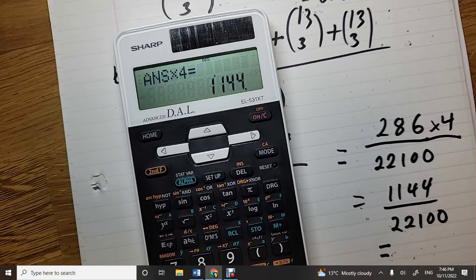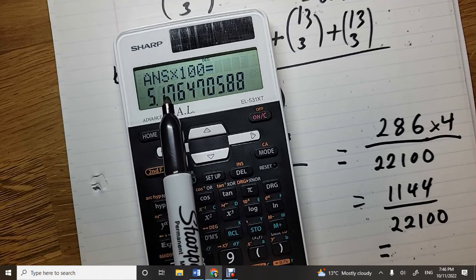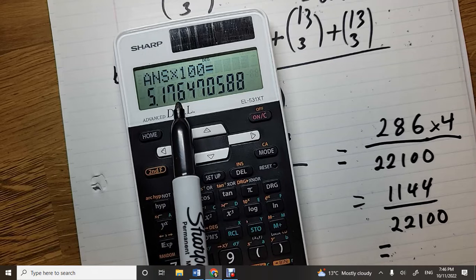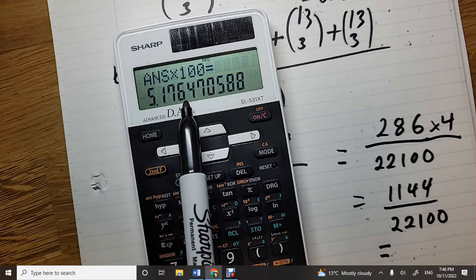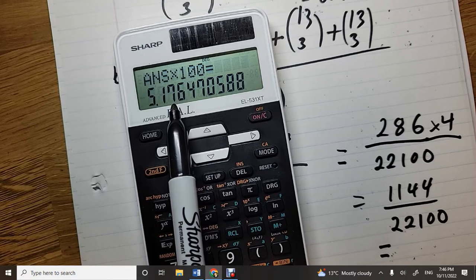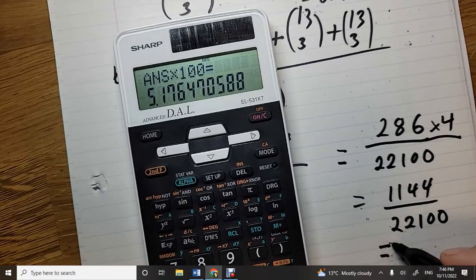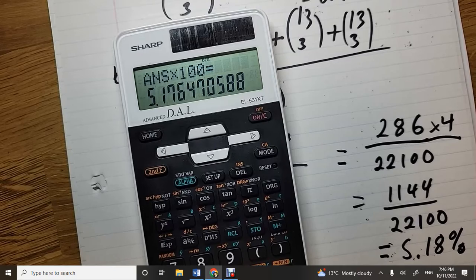Let's divide that by 22100 and multiply by 100. I get 5.176, round to 2 decimals. The 6 is bigger than 5, so it turns that into an 8. So I get 5.18%.